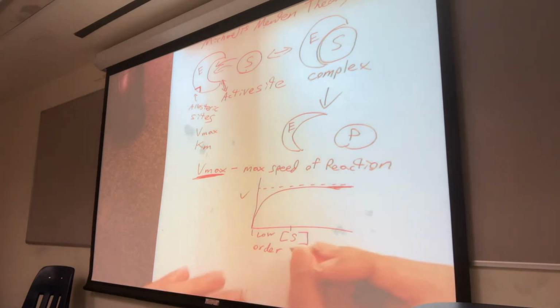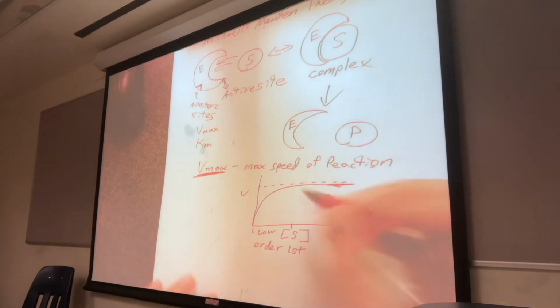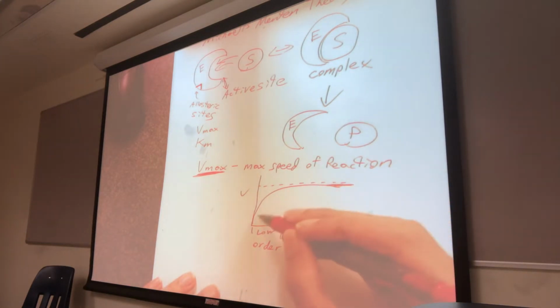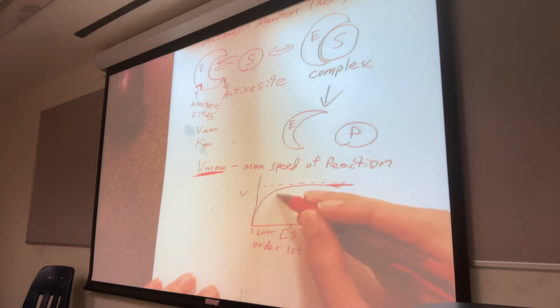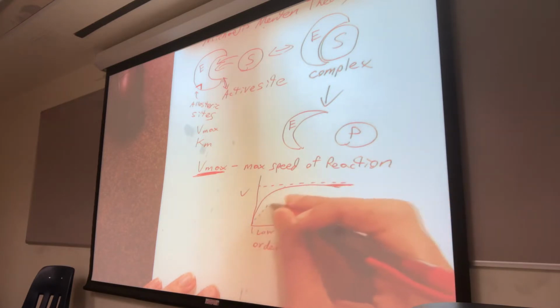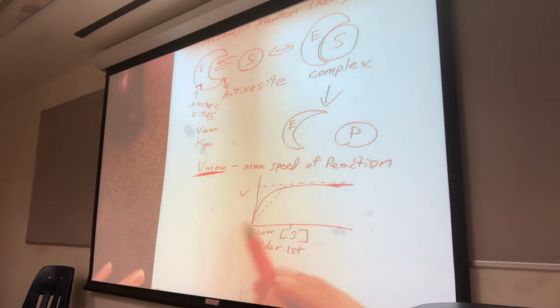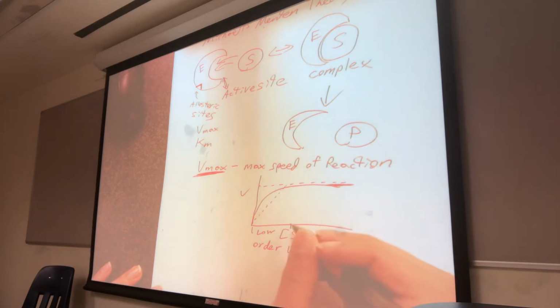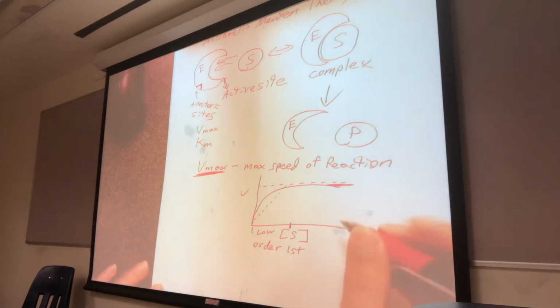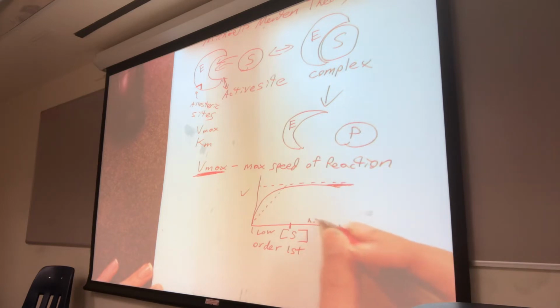It is first order at low substrate concentration, which is a fancy way of saying the speed of the reaction is approximately increasing linearly with substrate concentration. Obviously, it isn't a straight line, but it is approximately linearly increasing when there is low substrate concentration. When there is high substrate concentration, we see the line flattens out.